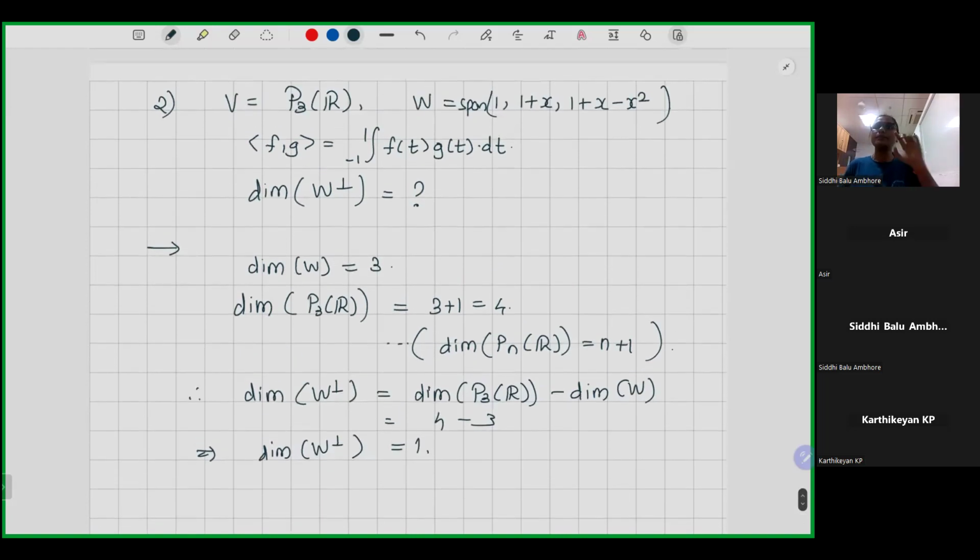Please remember this theorem, because if you try to solve explicitly for the basis of W perp and then count, it will be difficult, since the inner product could be given in any difficult form.